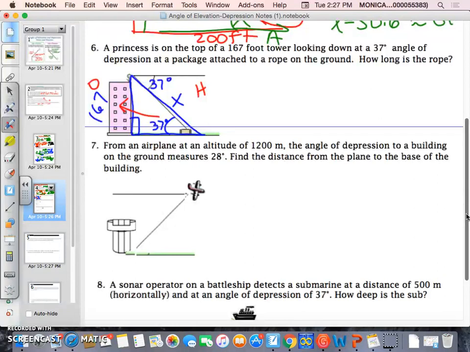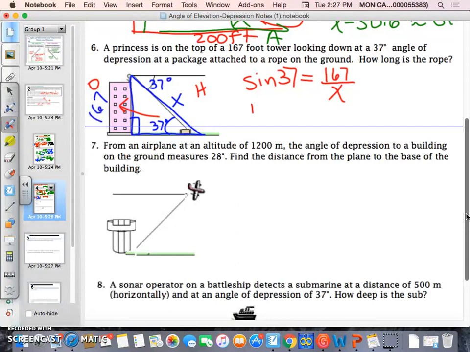And so if I'm thinking of sine, cosine, or tangent, well, I know the sine of 37 degrees is going to equal 167 divided by the hypotenuse. This is one of those situations where you got to switch them up, and it's a division problem.